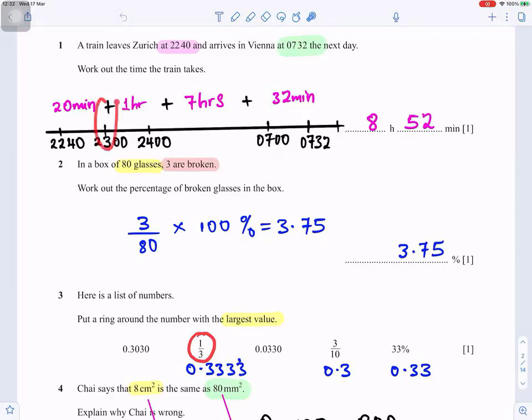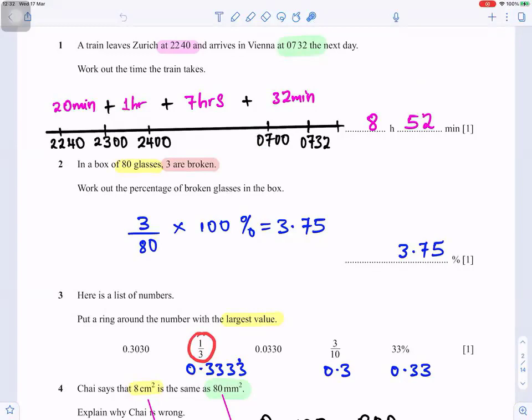So from 23:00 to 24:00 is 1 hour, and then from 24:00 to 07:00 is 7 hours. And from 07:00 to 07:32 is 32 minutes. So we add 20 minutes plus 1 hour plus 7 hours plus 32 minutes. It gives you 8 hours, 52 minutes.